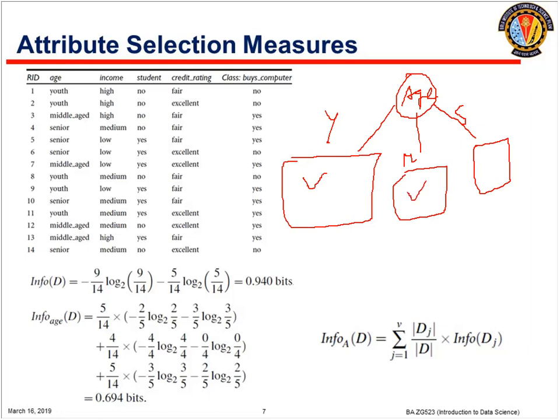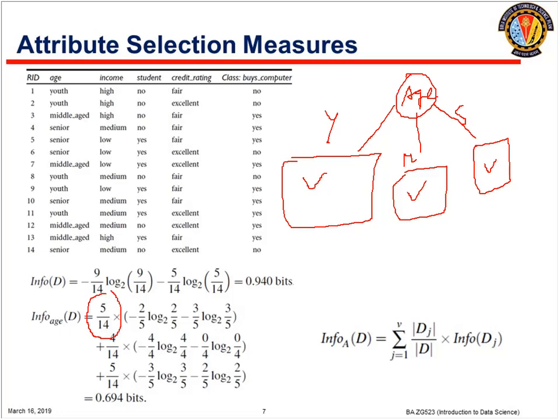So for youth, to calculate the entropy, first of all you have to find the probability. So 5 by 14 is the probability for youth. Out of these 5 youths, they were divided into 2:3. 2 belong to one class and 3 belong to the other class. So the entropy for those 5 youths is calculated here.